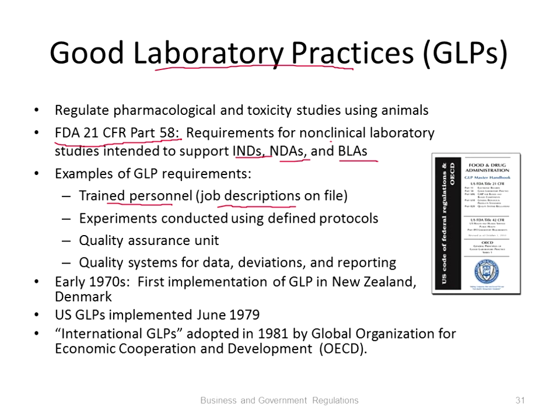You want to make sure that you have defined the protocols beforehand, and then you conduct the experiments according to that. You want to make sure that there is an independent quality assurance unit that is reviewing your protocols and reviewing your results. You have to have good quality systems for data storage, deviations, and reporting.